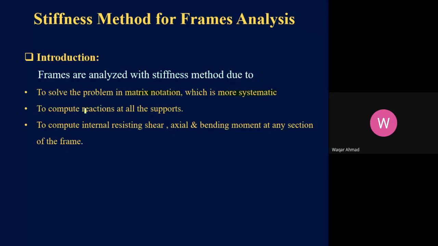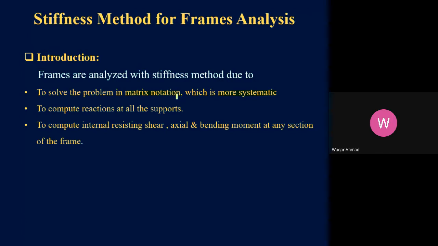Now, this first advantage is applicable to both the flexibility method and the stiffness method. We already discussed in the flexibility method that the advantage is that the solution becomes more systematic.